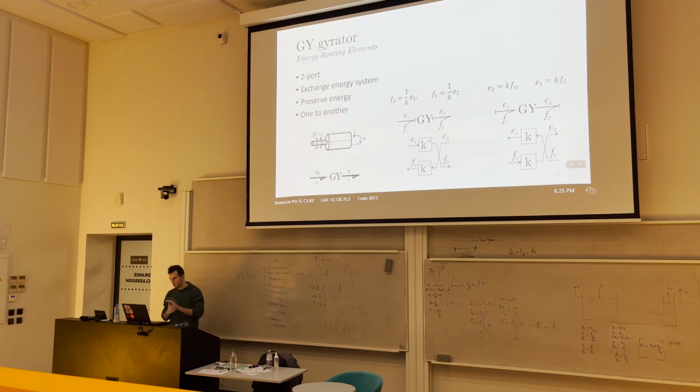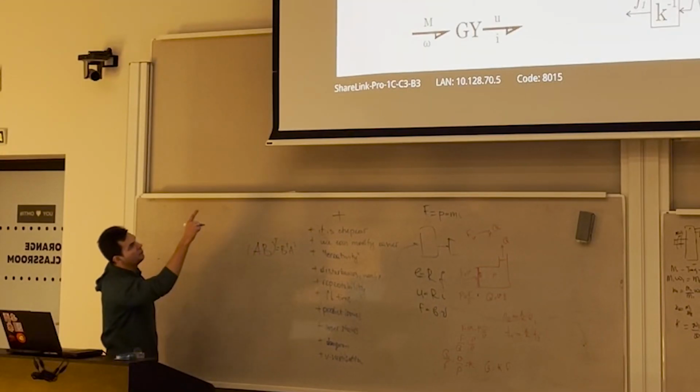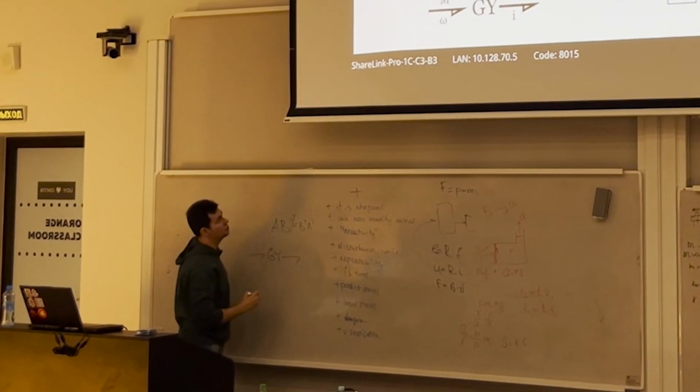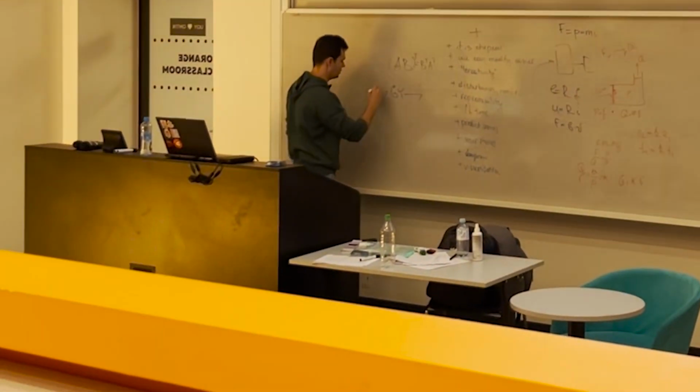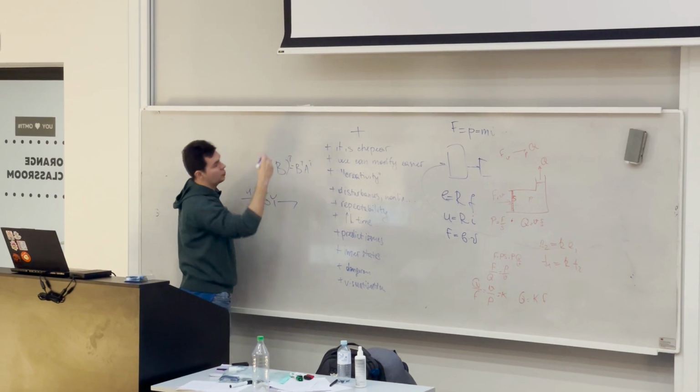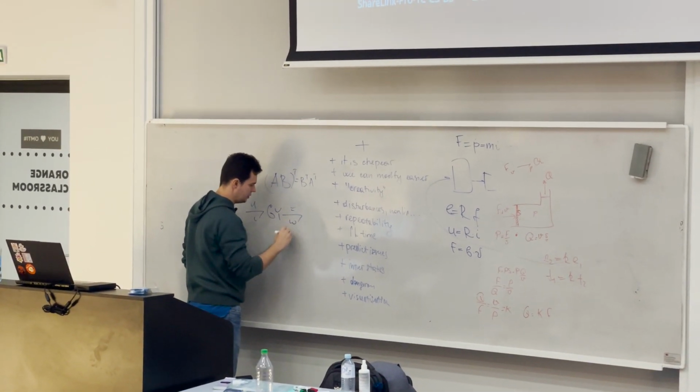So another one is a gyrator. For example, a DC motor could be modeled as a gyrator. Look, here is a generator, but I will rewrite it as a DC motor. So here as an input we have a voltage and current. As an output we have torque and angular velocity.